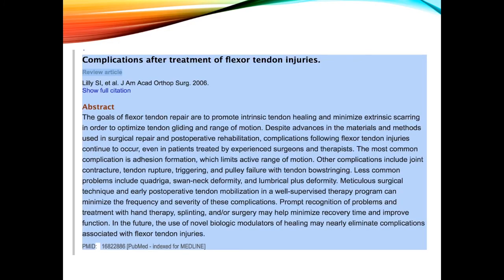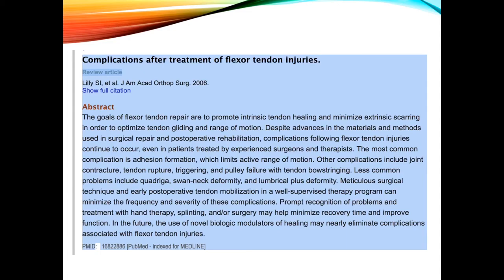There are definitely complications after flexor tendon injuries, and they can be from failure of repair, they can be stiffness. The most common complication you're going to see is adhesion formation, and this can be permanent, even with a tenolysis in the future. Sometimes you just can't get these patients' motion back.